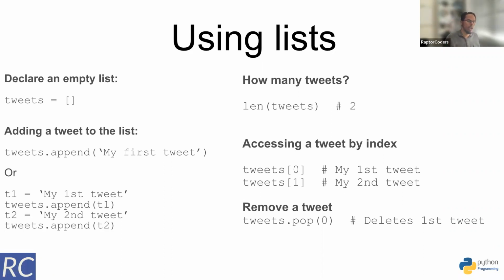There is a special function given by Python called len, L-E-N, which stands for length. Len, bracket, you pass the variable itself, which in our case is tweets. It just tells you how many items we have in there. And as you can see, len(tweets) is showing 2 here.